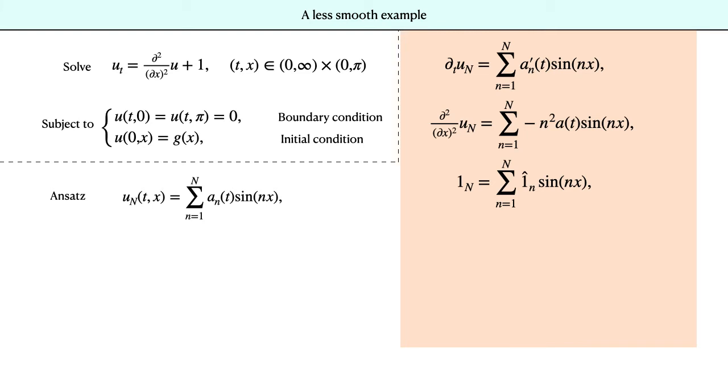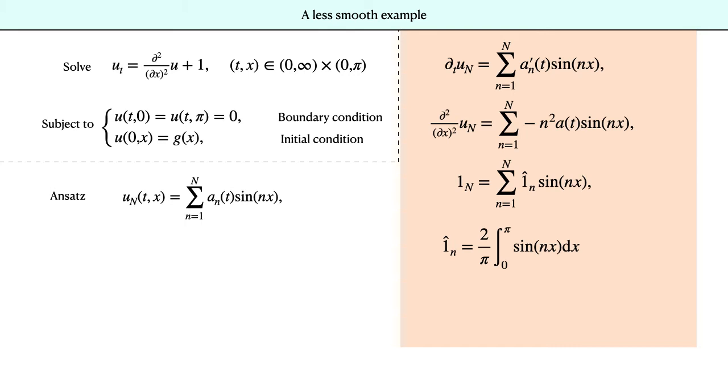So we let this 1 be written as a sum of the sine functions, where the coefficients are precisely the Fourier coefficients of 1. Now, you might not see that it's the Fourier coefficients of 1, because the 1 is gone inside of the integral.